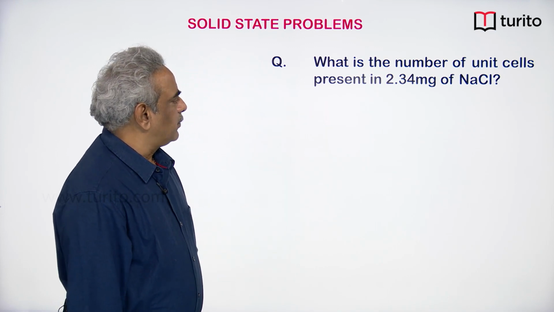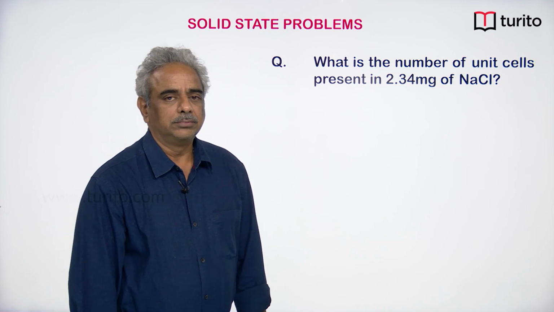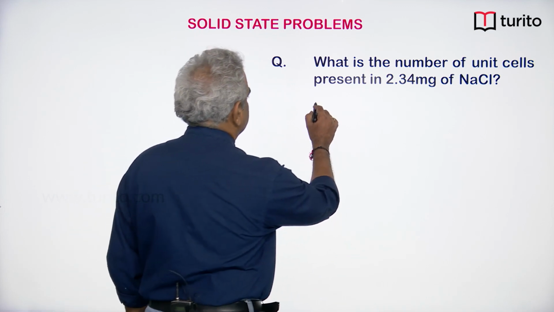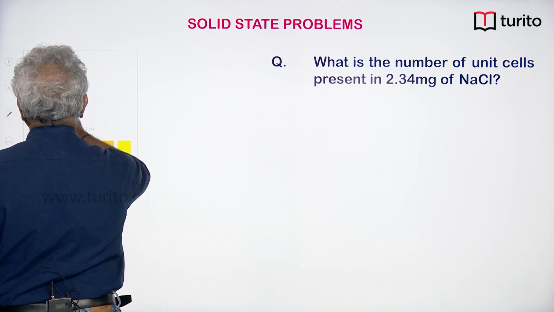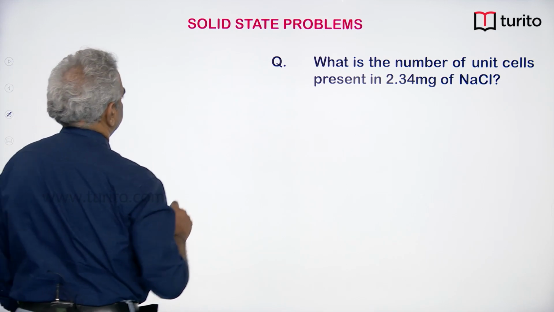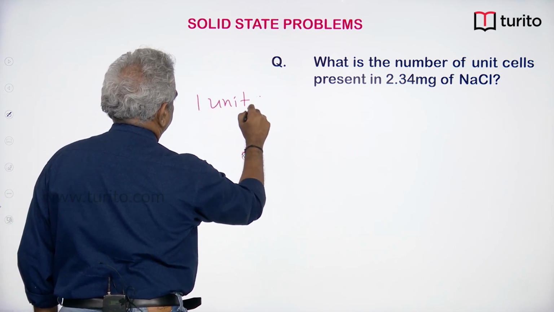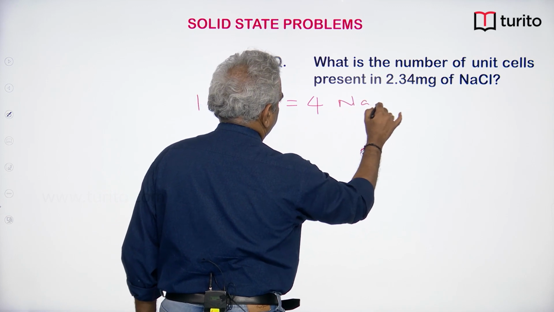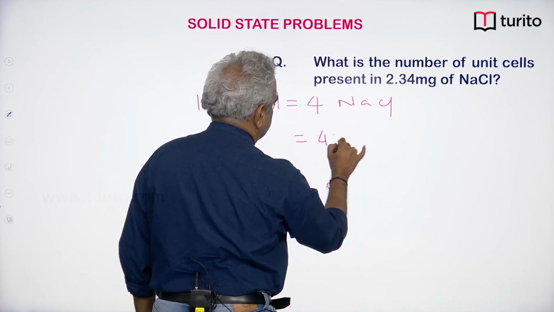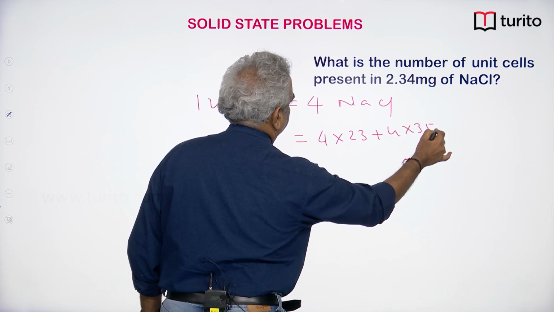Now, what is the number of unit cells present in 2.34 milligrams of sodium chloride? The sodium chloride unit cell, one unit cell is 4 formula units, NaCl: 4 into 23 plus 4 into 35.5.